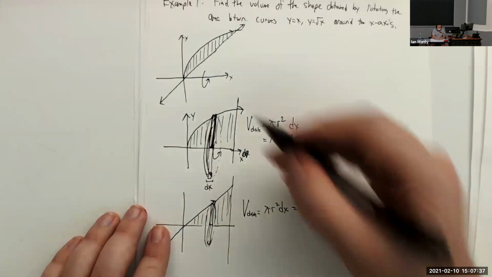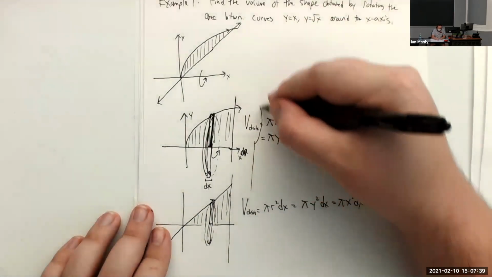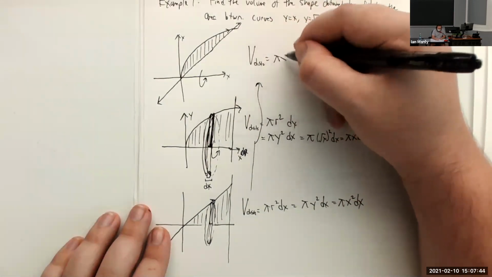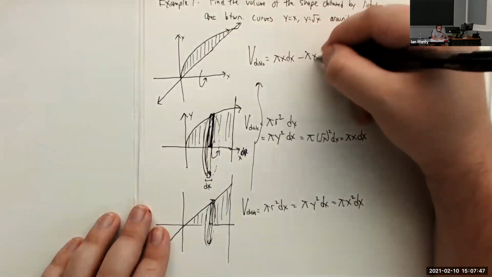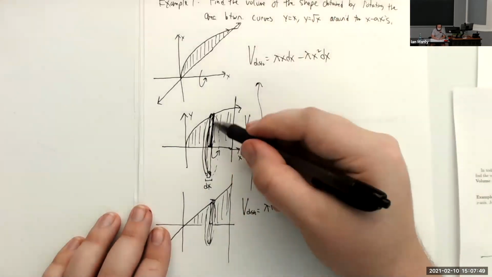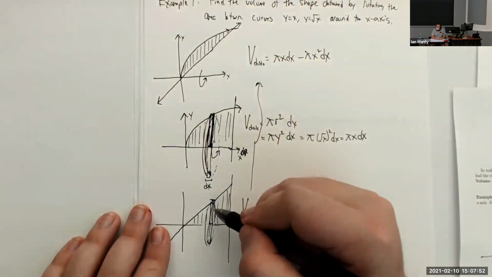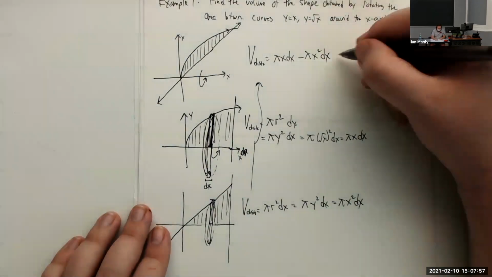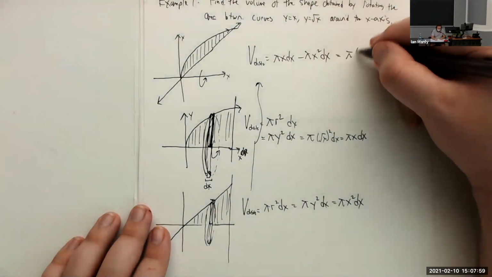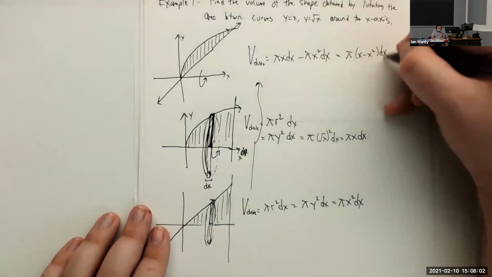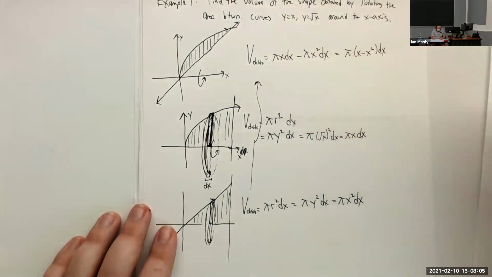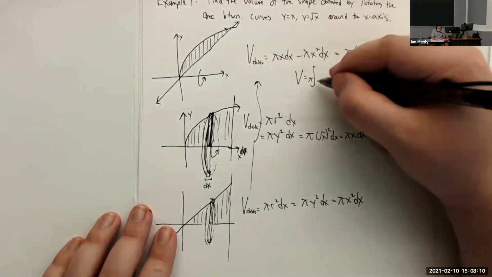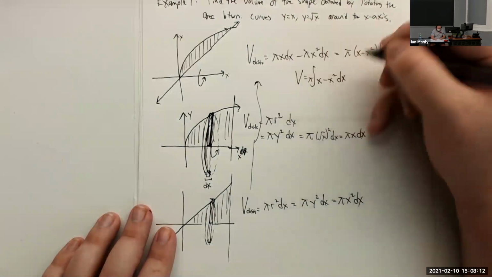So the volume for a disk here will be pi x dx minus pi x squared dx, because we're effectively taking this chunk that we're getting and subtracting away this chunk that we're getting to get this one. All right, so if we combine this together, we have pi and then x minus x squared dx. And then when we add all of these together, we'll get our volume. We're going to have the integral of pi and then x minus x squared dx.